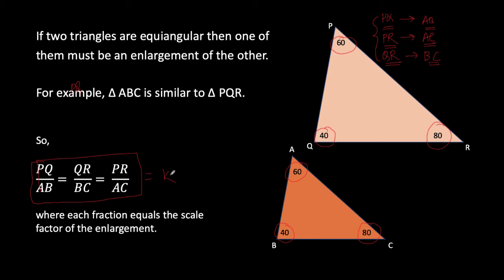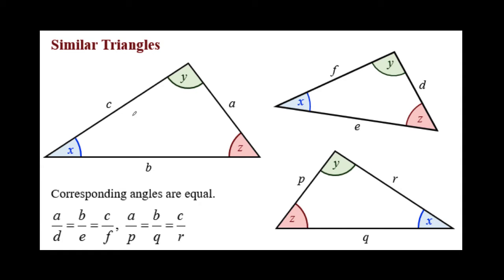Clear with this part? Let's suppose I name this triangle A, B and C, this one P, Q and R, and this one L, M and N. All three triangles are similar, but which side ratio?